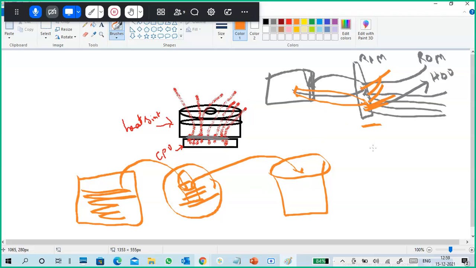Otherwise, what happens? I start a computer at 9 o'clock. By now it is 1 o'clock. By this time, my RAM would be full. I start my laptop around 8:30 to 9 in the morning, and by night 11 or 12 o'clock, I shut down. By that time I would need 2 terabytes or 3 terabytes of RAM if it stored permanently.